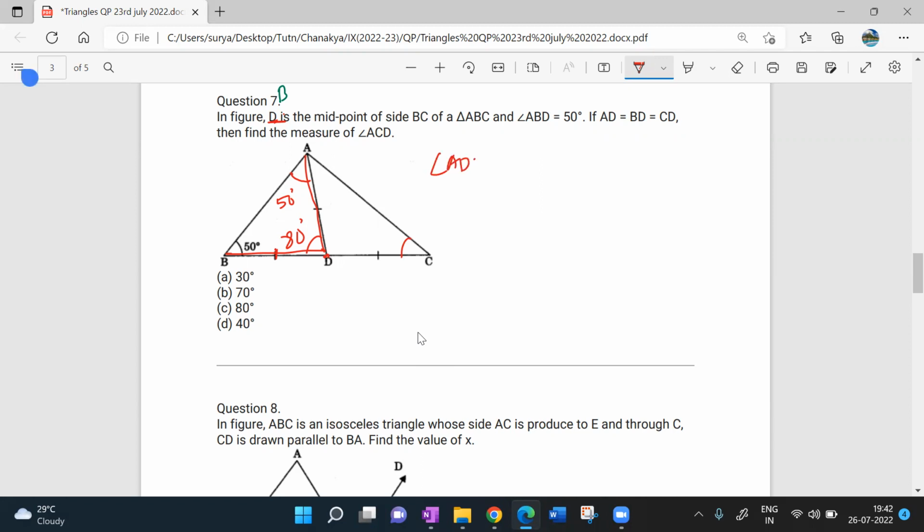Angle ADB, by using the theorem called the exterior angle theorem: the exterior angle ADB is equal to the sum of the two interior opposite angles, ACD plus CAD.